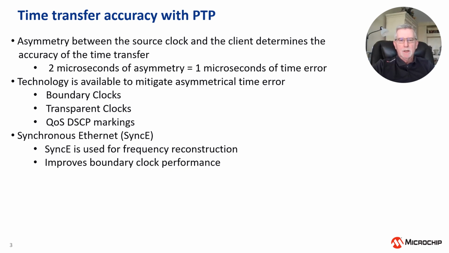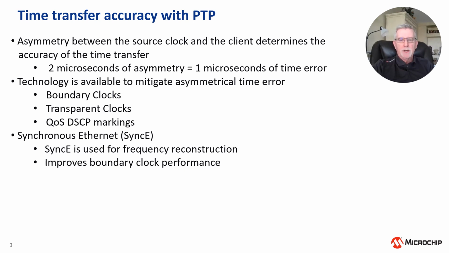We can use technologies such as boundary clocks, transparent clocks, and QoS DSCP markings if we use layer 3 unicast PTP profiles. We can also use what's called synchronous Ethernet when we use boundary clock technologies to improve the performance of the boundary clocks. Boundary clocks are what is called on-path support, which mitigates time error in a switch or a router.